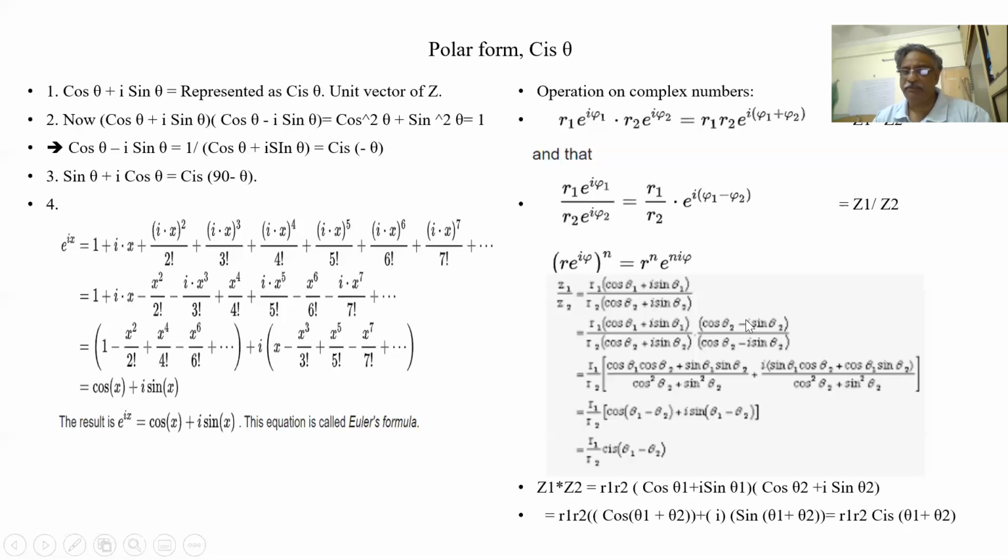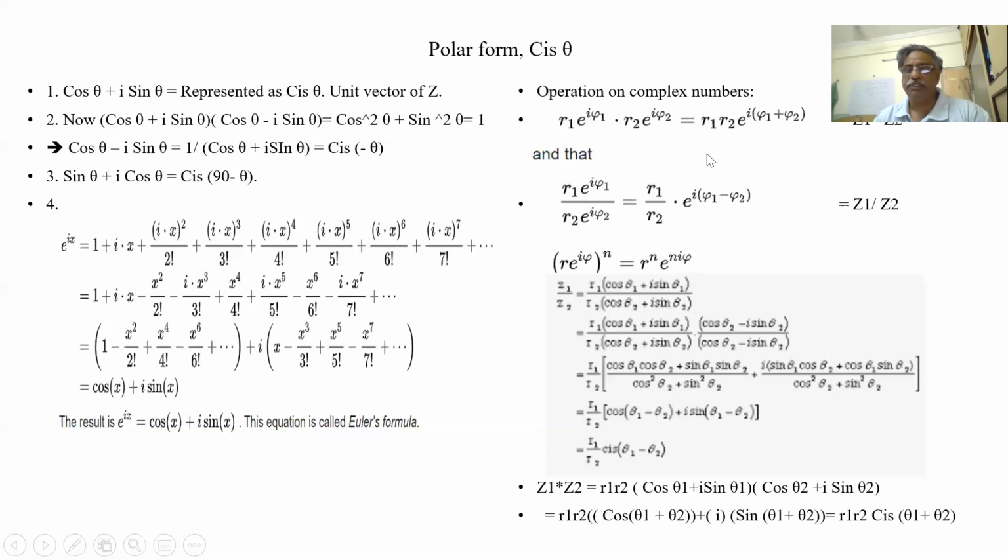It should come minus here. So what we got is theta 1 minus theta 2, r1 by r2. This is my polar coordinates which I have converted. Same thing if it is here, e to the power of i into theta 1 minus theta 2. So r1 by r2 cos of phi 1 minus phi 2 plus i sin of phi 1 minus phi 2.